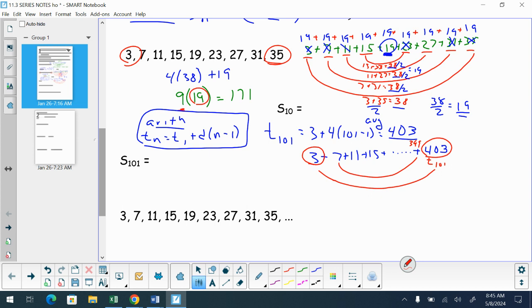So if I just find my first and last term average, that would be my average for all the ones that match up. So we have 3 plus 403. We have to take the average of that, and we have a total of 101 of those. So we can multiply by 101.